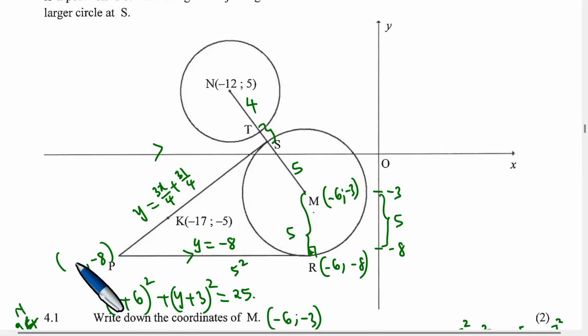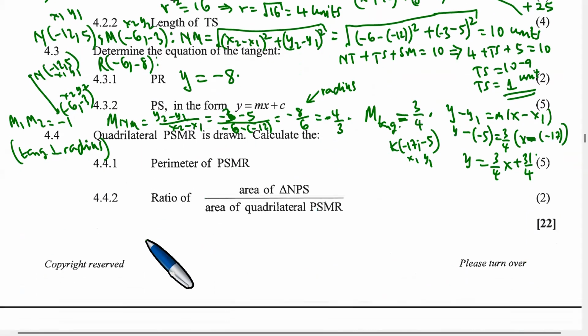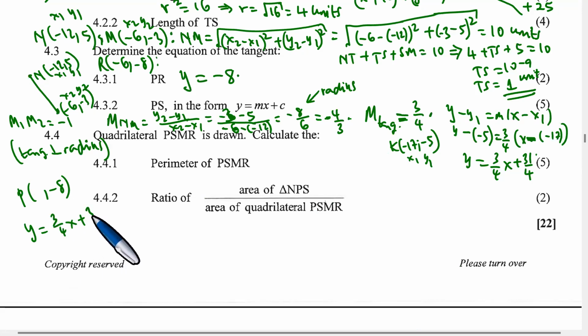You just need to get the x if y is this. To find the perimeter here, we know that the point P has y coordinate -8, and the equation is this one, so we substitute everything. y is 3 out of 4x plus 31 out of 4, and y is already -8.